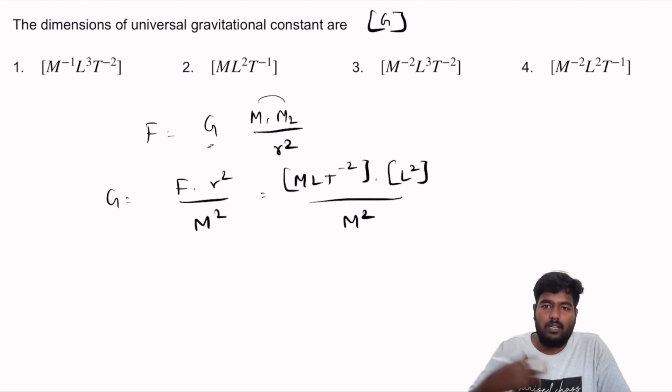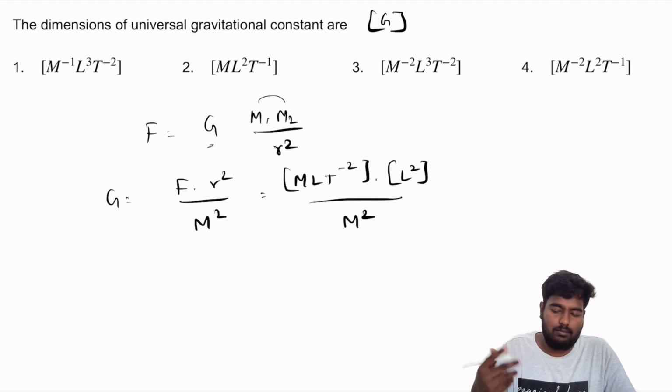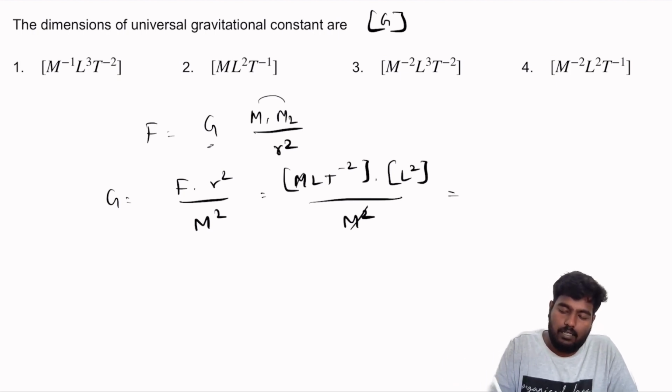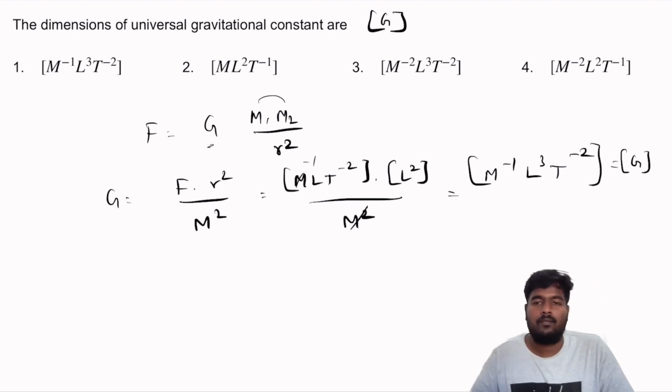So now all I have to do is a little algebra, not even algebra, numerical. M square, I'll go M inverse, L cube, t power minus 2. So that's my gravitational constant dimension.